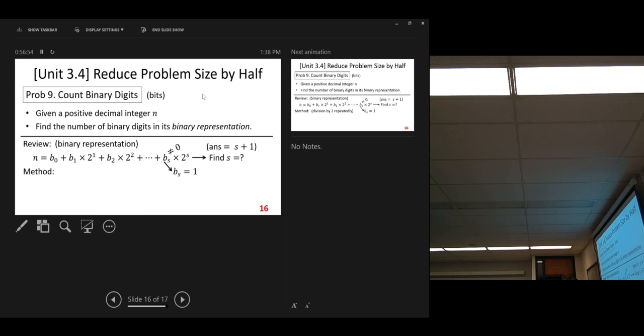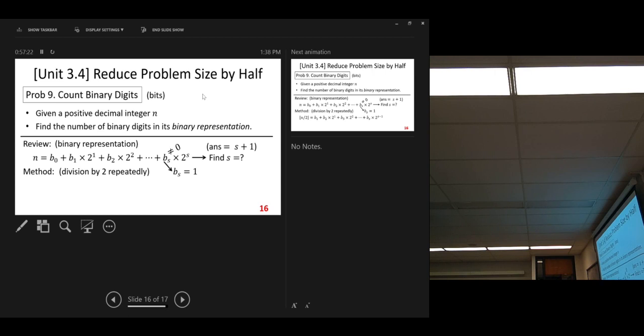The base is 2, so we need to use that property: division by 2. If we use division by 2, we can get to the highest bit; all these terms we can eliminate one by one.